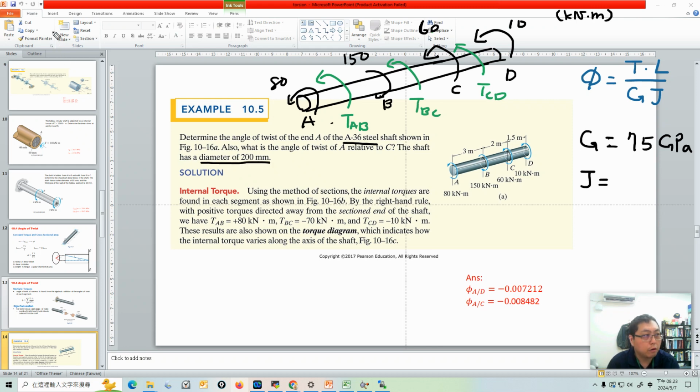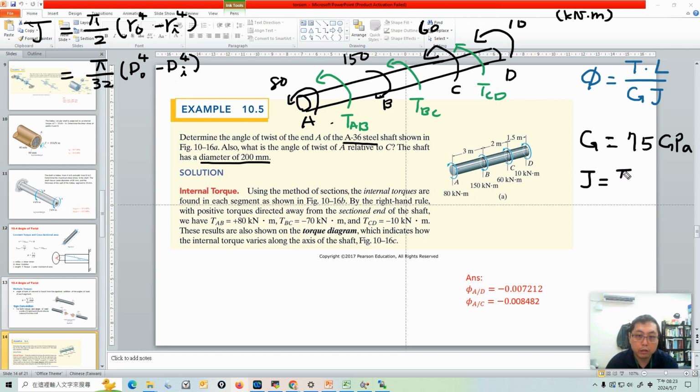For the polar moment of area we have two kinds of formula. If we give you the radius, it's pi over 2 times r_o to the power 4 minus r_i to the power 4. If the problem gives you a diameter, it's pi over 32 times D_o to the power 4 minus D_i to the power 4. This problem gives a diameter, and the rod is solid, not hollow, so D_i is 0.